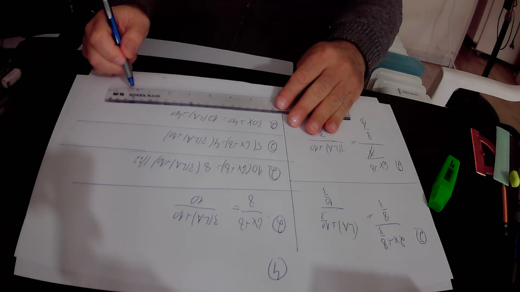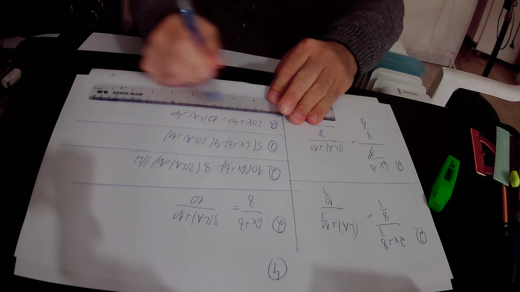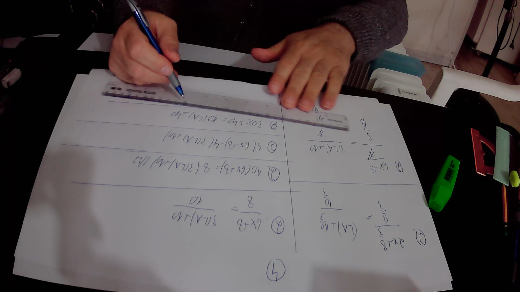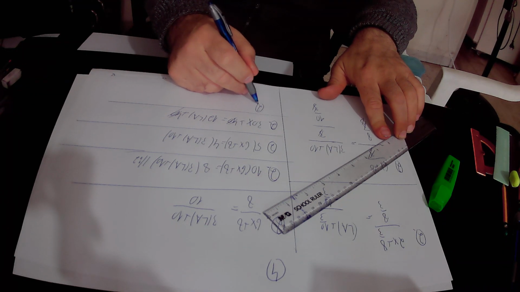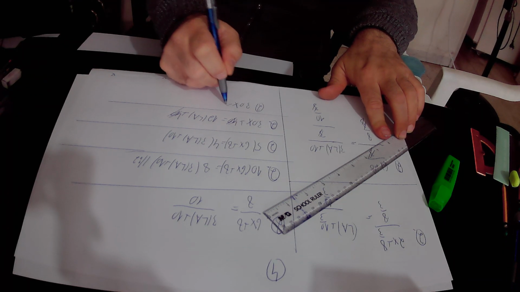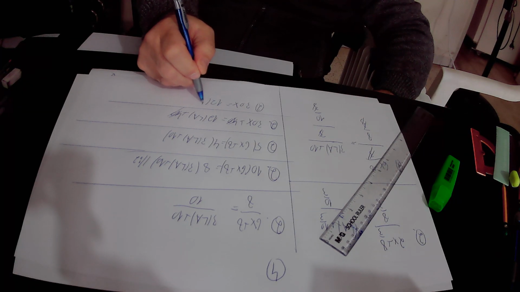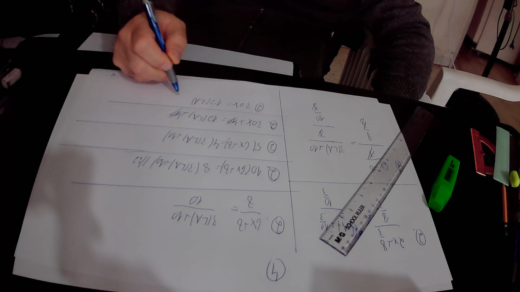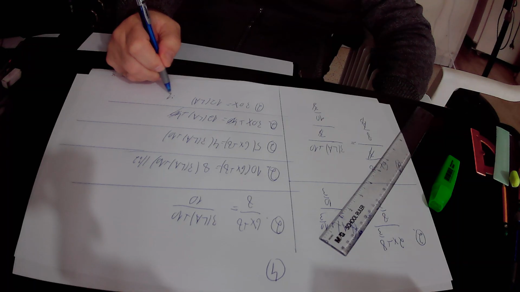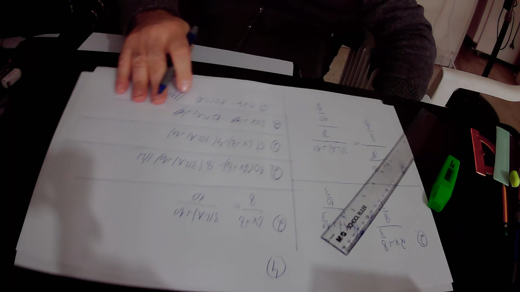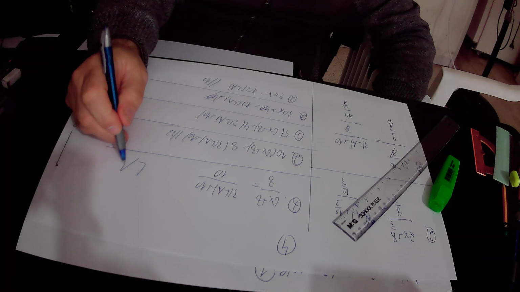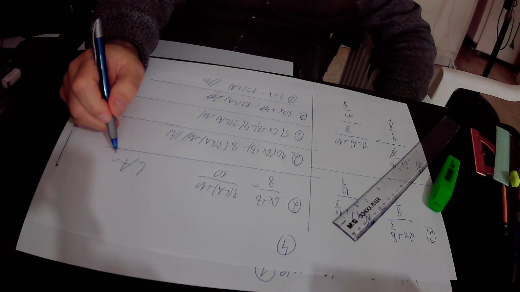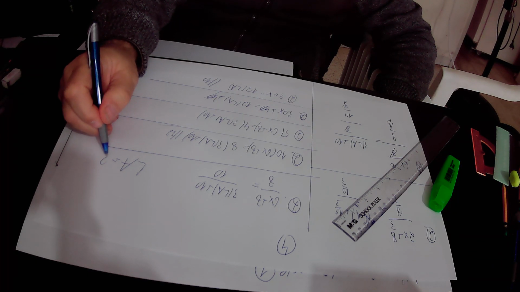So here we have 40 on both sides of the equation, so 40 gets cancelled, and we're left only with 30x, that equals 12LA. So here we divide this equation 2 by 12, and finally we will get that LA equals 30x over 12, that is 2.5x.